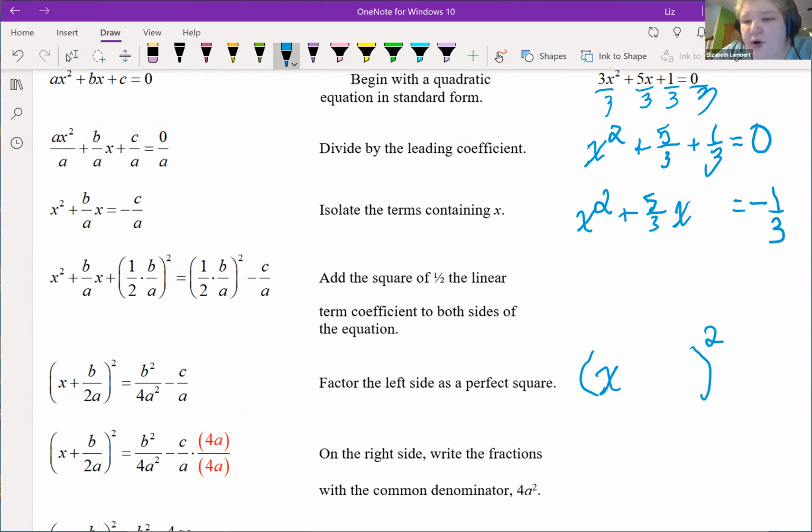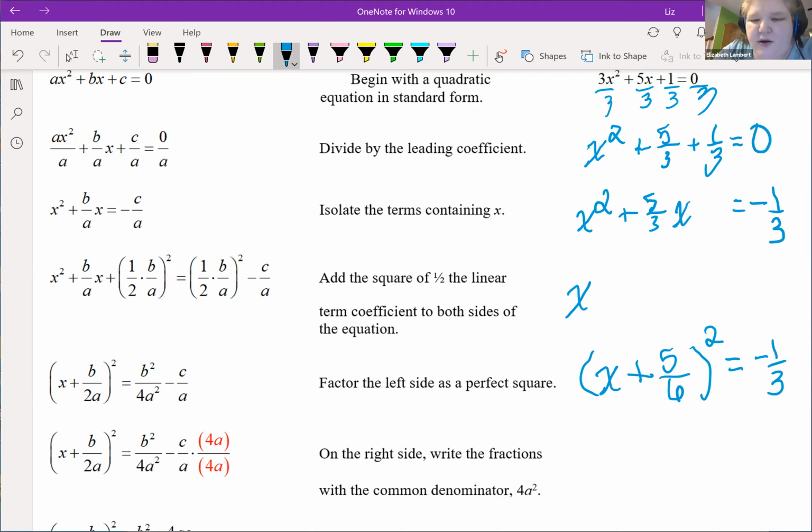So my half number, half of 5/3, is the same as 1/2 times 5/3. So 1/2 times 5/3 is 1 times 5, 2 times 3 is 6. So the number we are going to see here is 5/6. And we still have our ugly negative 1/3. And now the number that we would add to both sides, I'm going to go back and make it look like this.